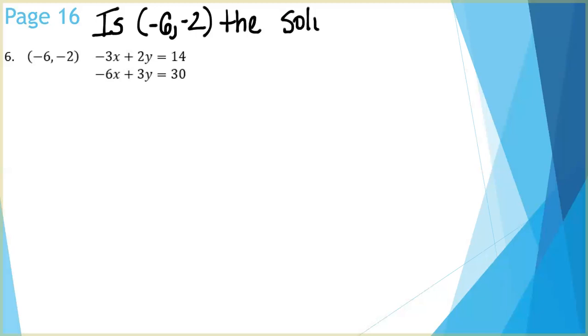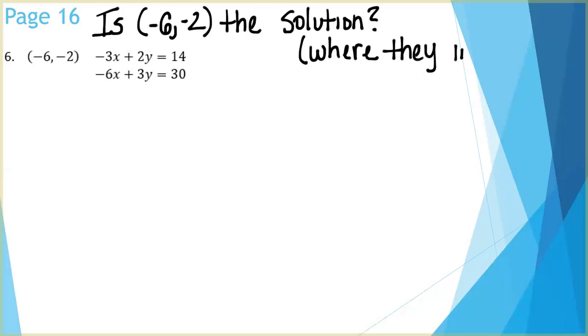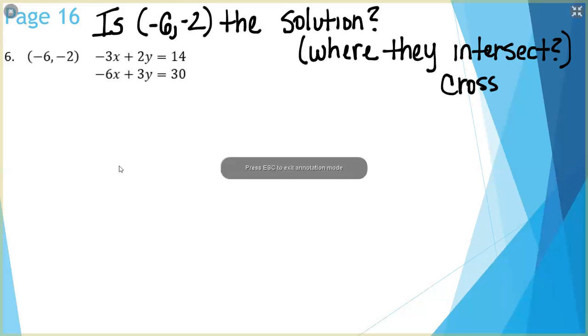And the solution means where they intersect, if we were to graph it like we did for our first two examples. Intersect just means where they cross each other. All right, so I'll give you a few moments and then we'll work through it together.